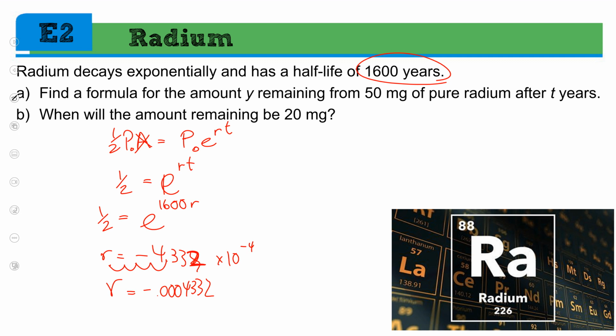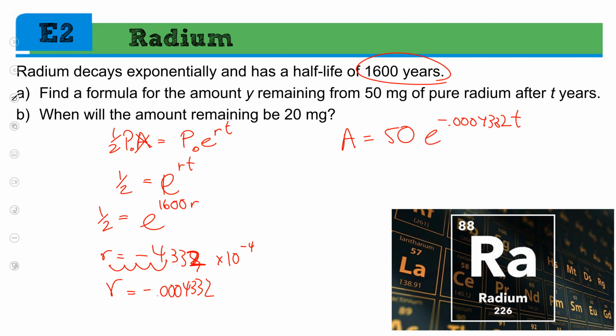Because problem A says finding the remaining from 500 milligrams of pure radium after T years, which means my equation becomes A is equal to 50 times e to the negative 0.00043332 T. And we're back to that same scenario I had on the last example.